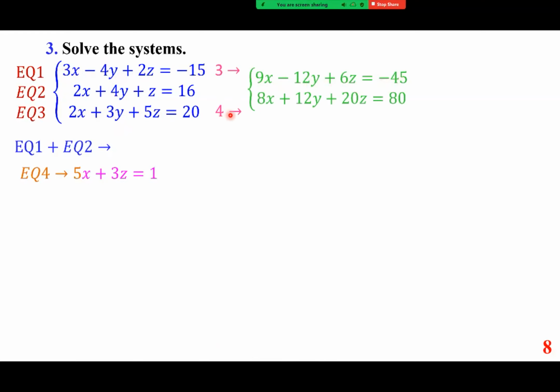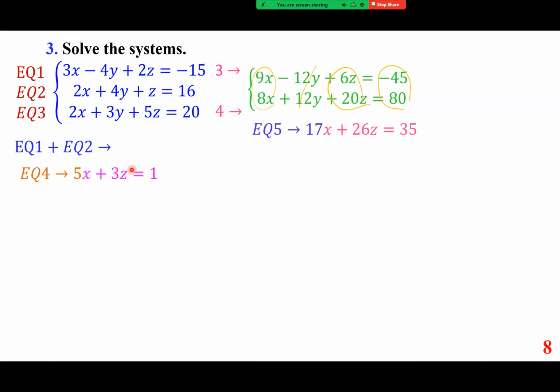This times 4 becomes 8x plus 12y plus 20z equals 80. Obviously, these two cancel each other. We can add these two to get 17x plus 26z equals 35. We're going to call it equation number 5.